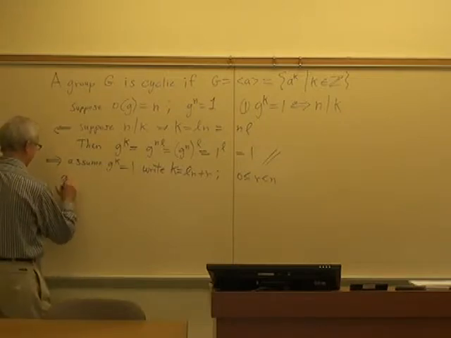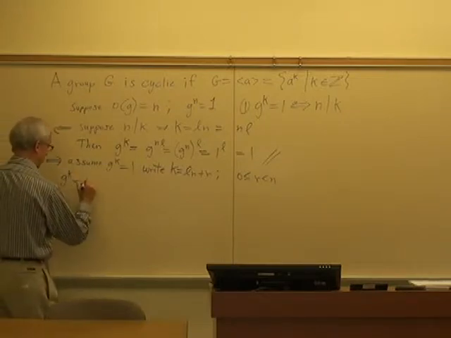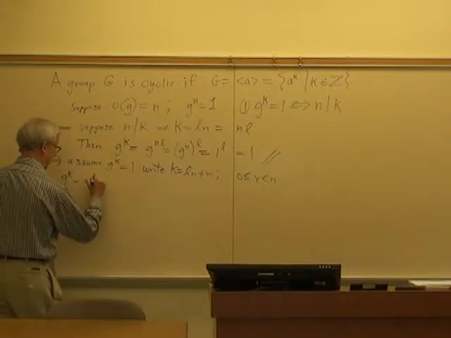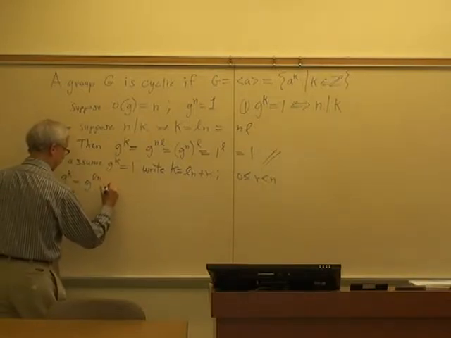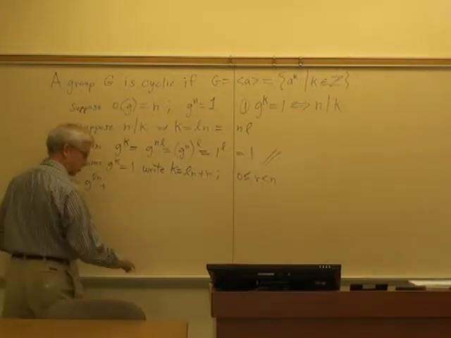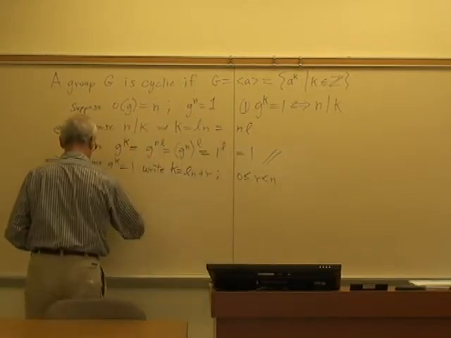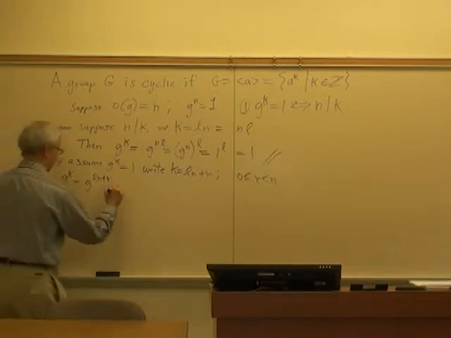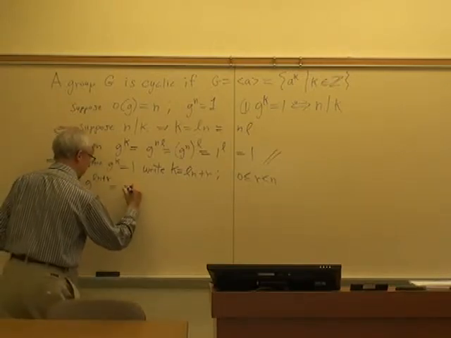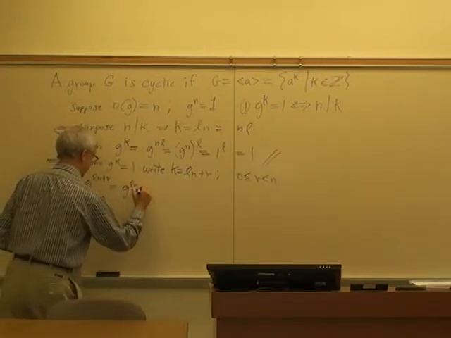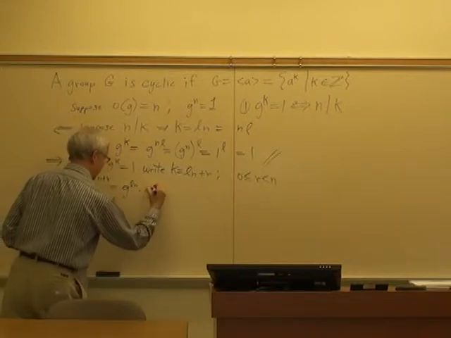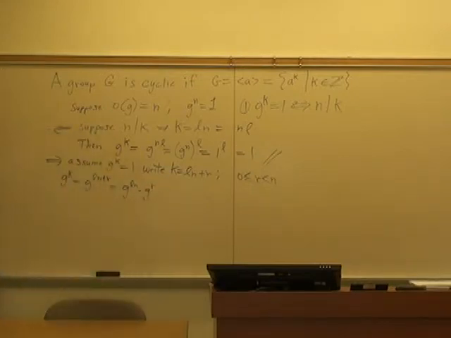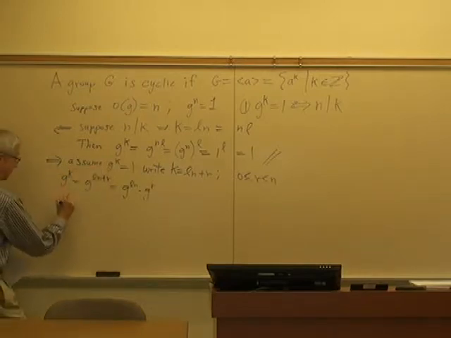Then what do we have? Then we have that g to the k is equal to g to the Ln plus r in the exponent. But remember, adding exponents is multiplication, so this is actually g to the Ln times g to the r. But now let's look at what we have here. We assumed that g to the k was 1. So this is 1.